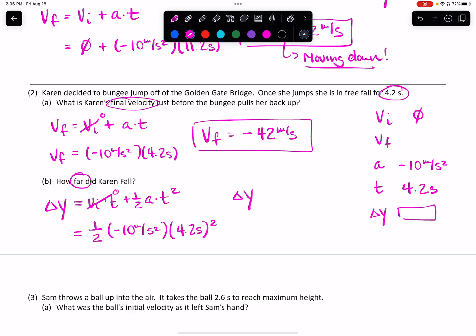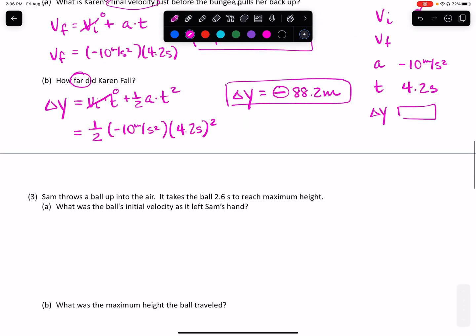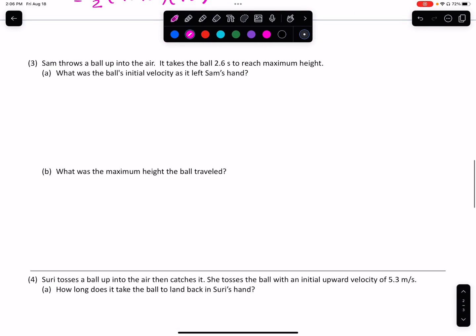So our change in position, once we plug everything in, is negative 88.2 meters. Again, the negative sign is okay because she is moving down, so that is a negative direction. So those are two examples of a drop problem.